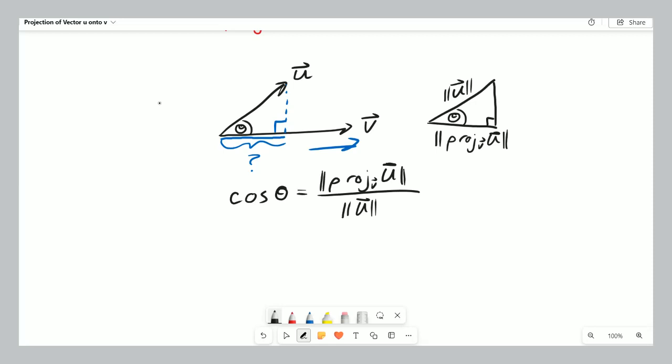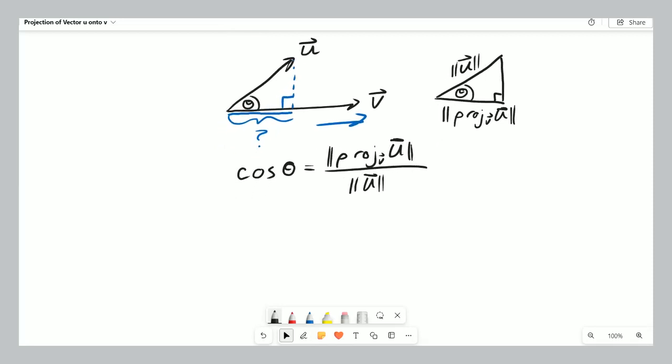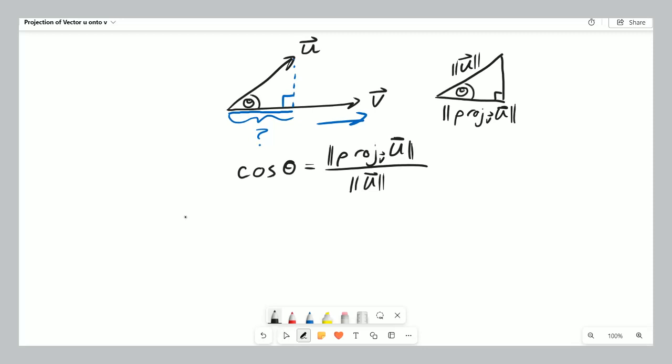Now, we can rearrange this formula and write that the projection of u onto v, that is its magnitude, is equal to the magnitude of u multiplied by the cosine of theta.